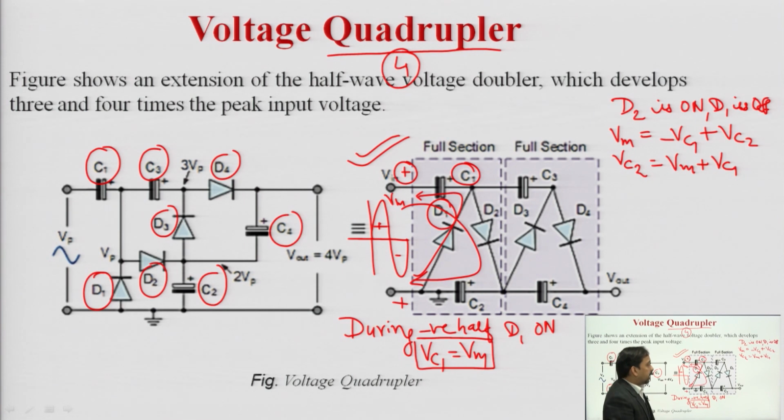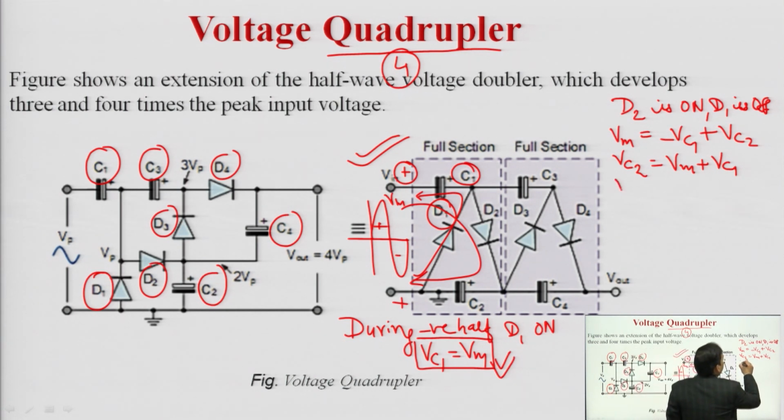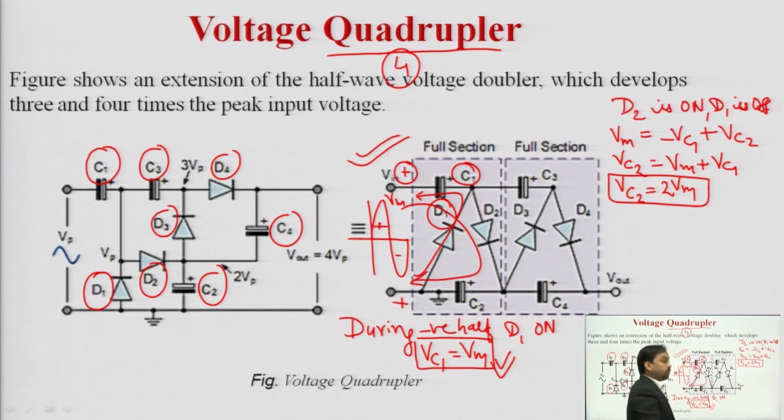Here Vc1 was nothing but Vm, so capacitor C2 will be charged to a value of 2 times Vm. As I have already told you, for a full wave section, this section will provide a voltage of 2 times Vm.